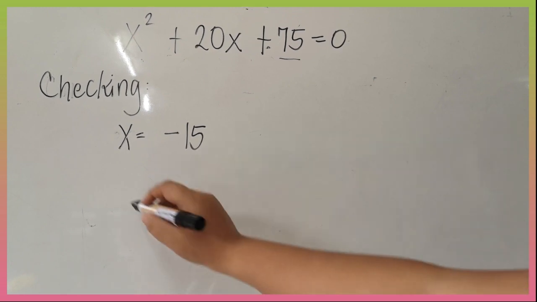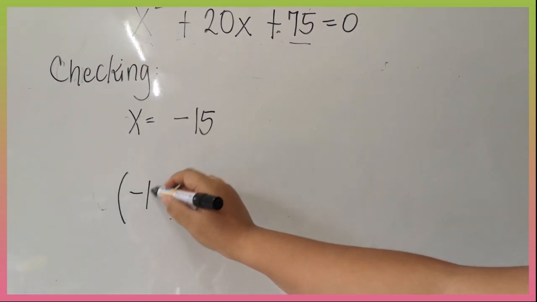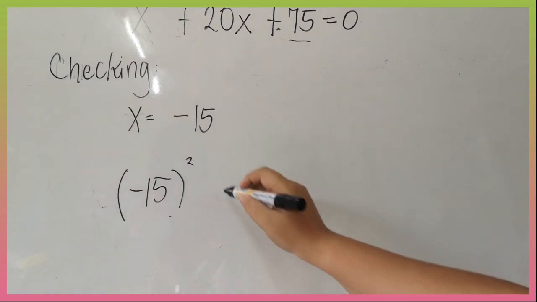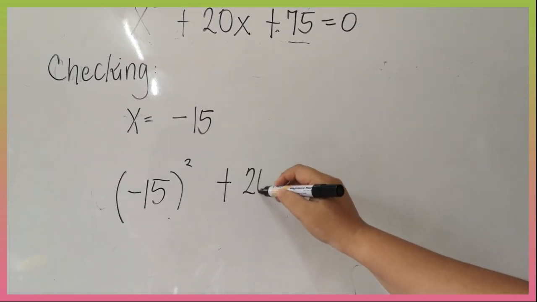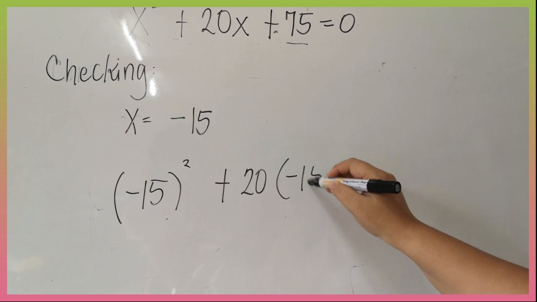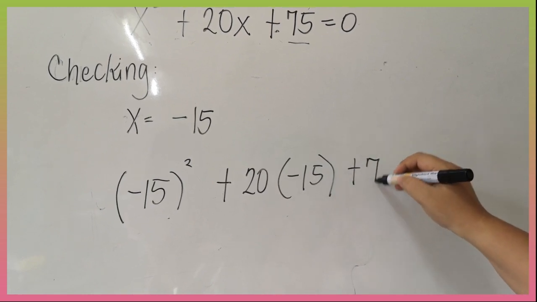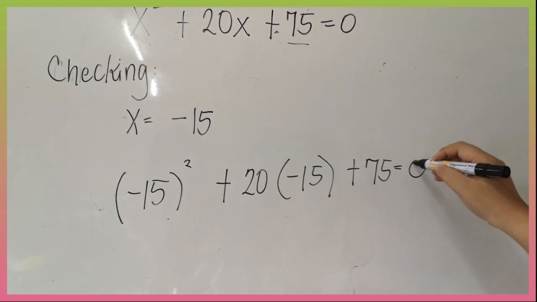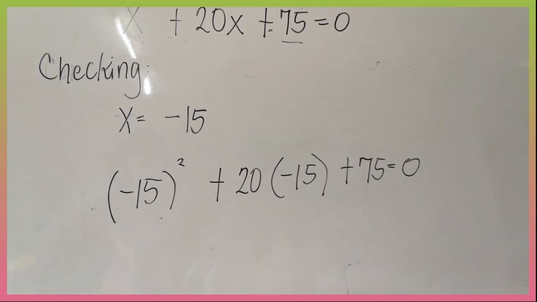Let's substitute negative 15 squared plus 20 times negative 15 plus 75 is equal to 0. So we need to simplify.